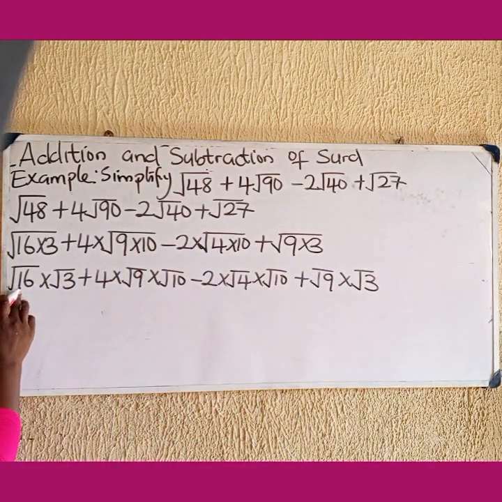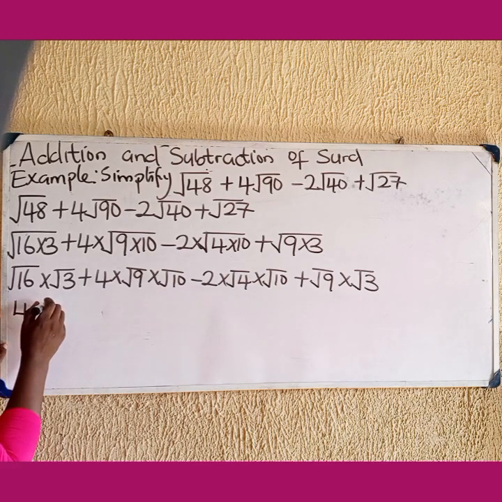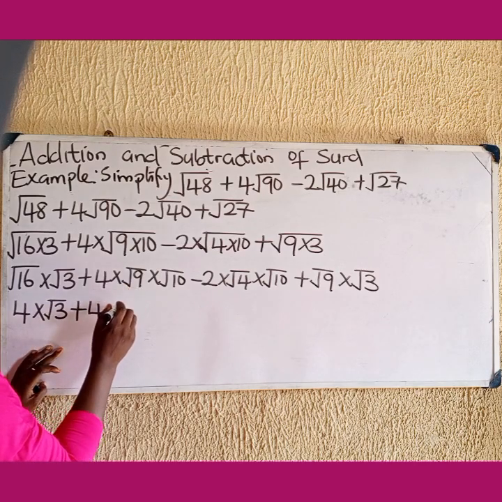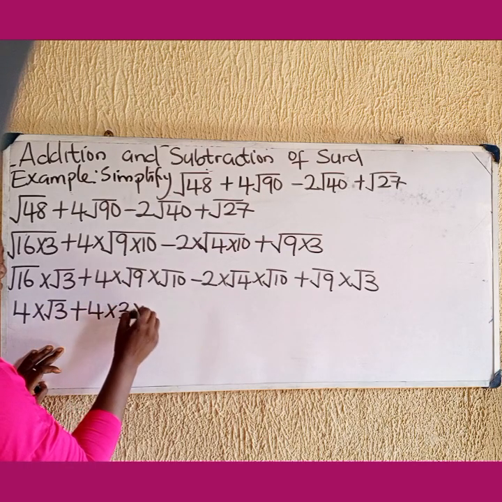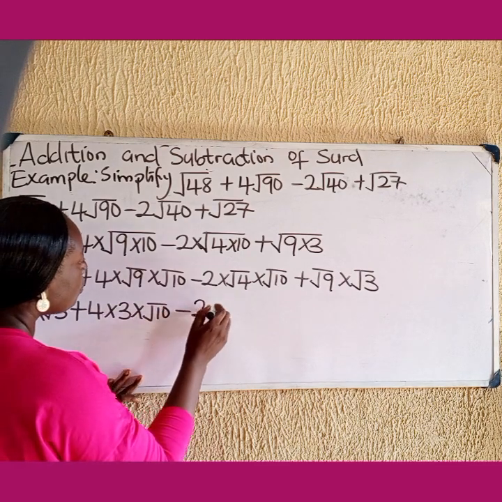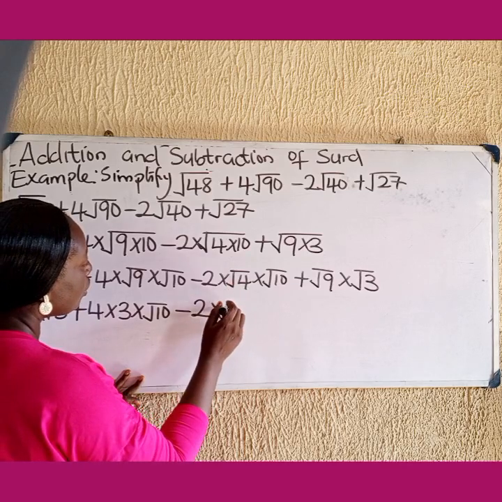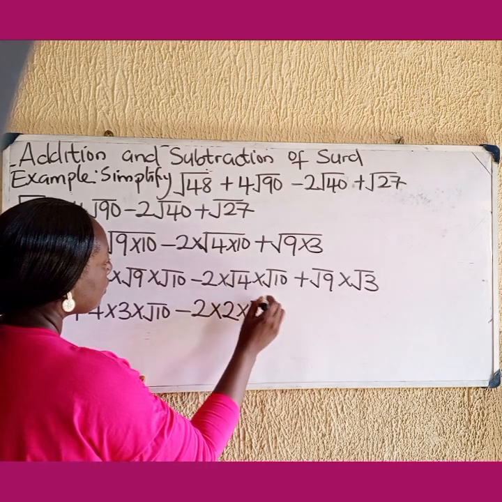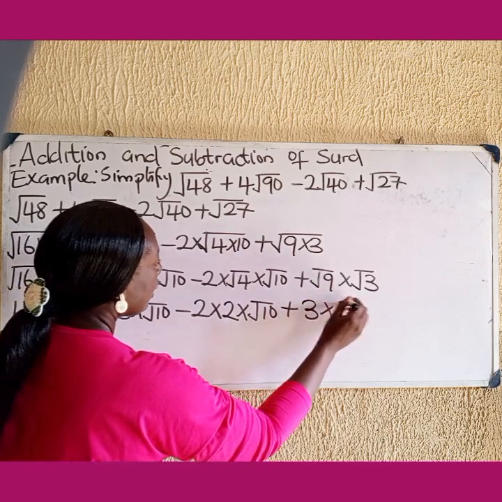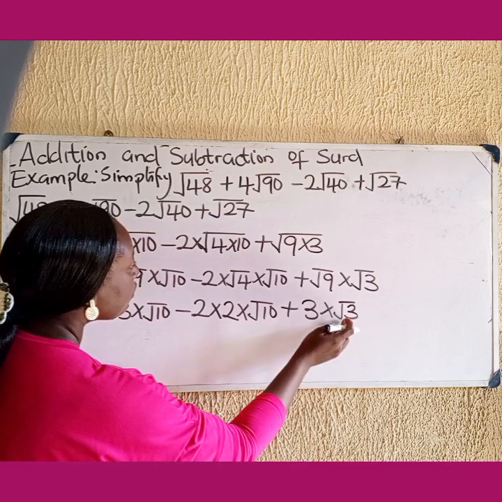Now square root of 16 is what? 4 times root 3, because root 3 does not have a whole number as square root, plus 4 times root 9, which is 3, times root 10, minus 2 times root 4, which is 2, times root 10, plus root 9, which is 3, times root 3.